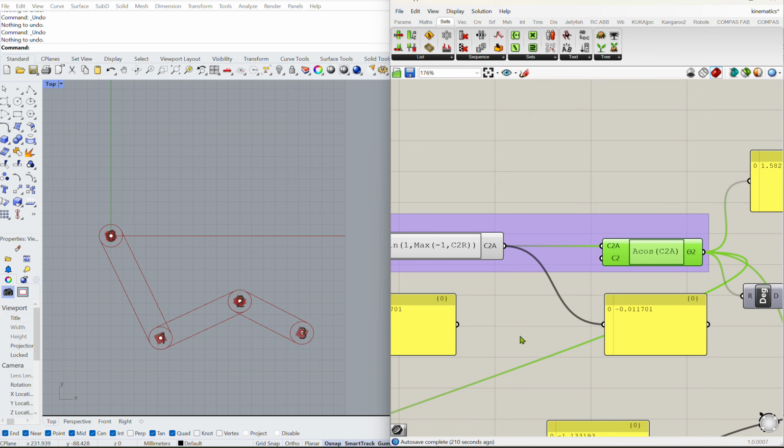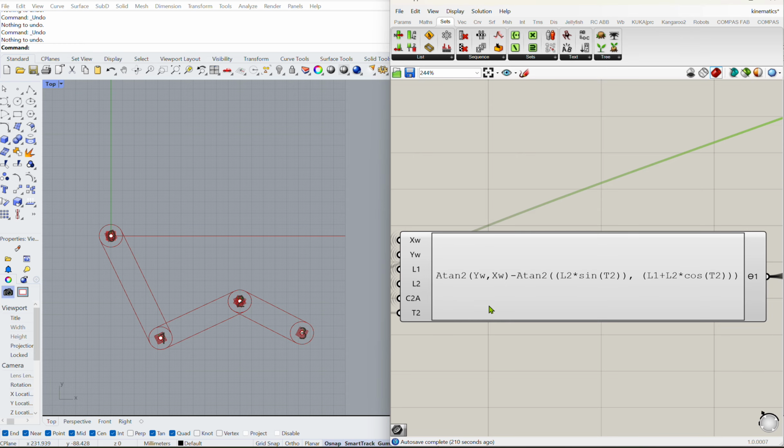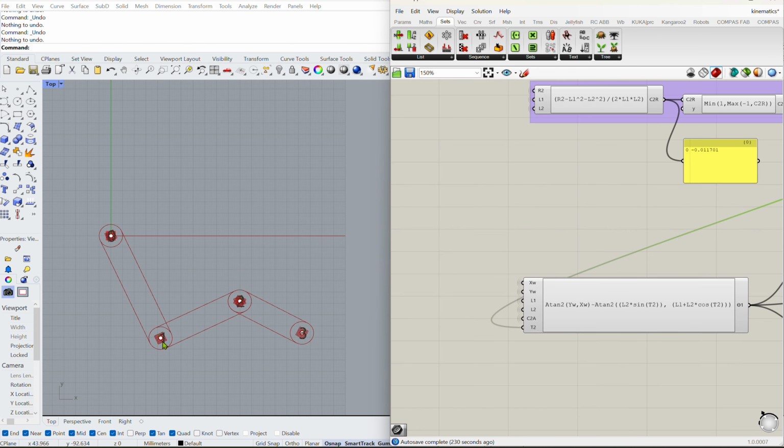Then we take theta 2 to find theta 1. Theta 1 is defined as atan2 with the orientation of the third segment, atan2 of L2, so segment 2, sine theta 2, and then L1 plus L2 cosine theta 2. That defines our angle for theta 1.